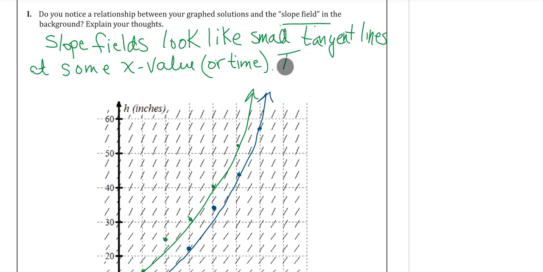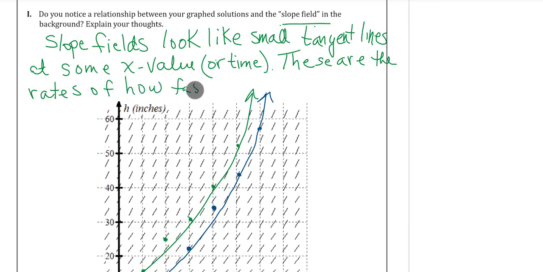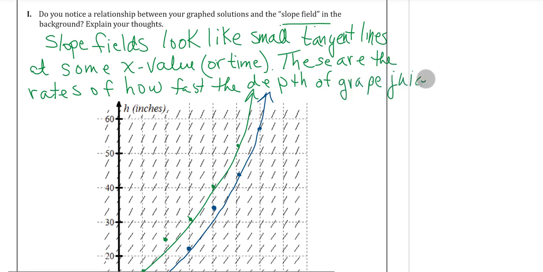And what they show is the rates of how fast the depth of the grape juice is changing at a given time.